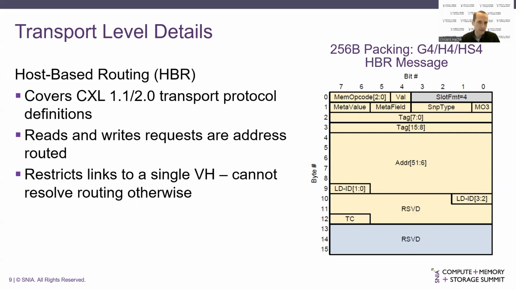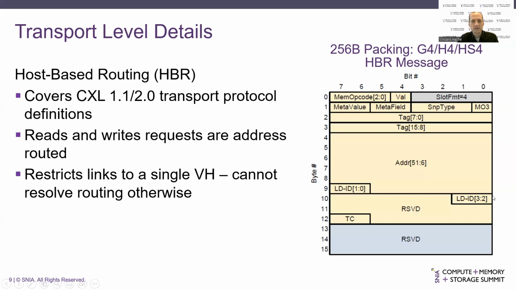All of the transactions that CXL users to date are familiar with, where read and write requests are address routed, that's been called host-based routing, because the addresses are specific to a single host. The implication is that links within a topology are restricted to a single virtual hierarchy, a single host domain, because across different host domains the addresses can be aliased. So there's no way to resolve routing otherwise.